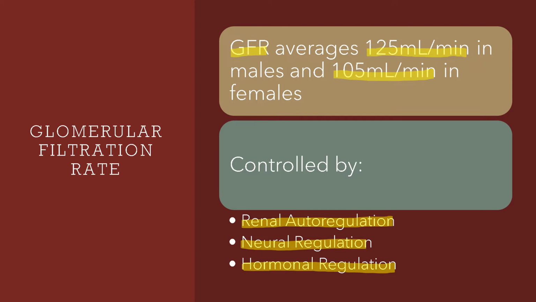So this is just the ability of the kidneys themselves to maintain constant renal blood flow and GFR. Next is the neural regulation. Just like most blood vessels of the body, the blood vessels of the kidneys are supplied by sympathetic autonomic nervous system fibers that release norepinephrine.